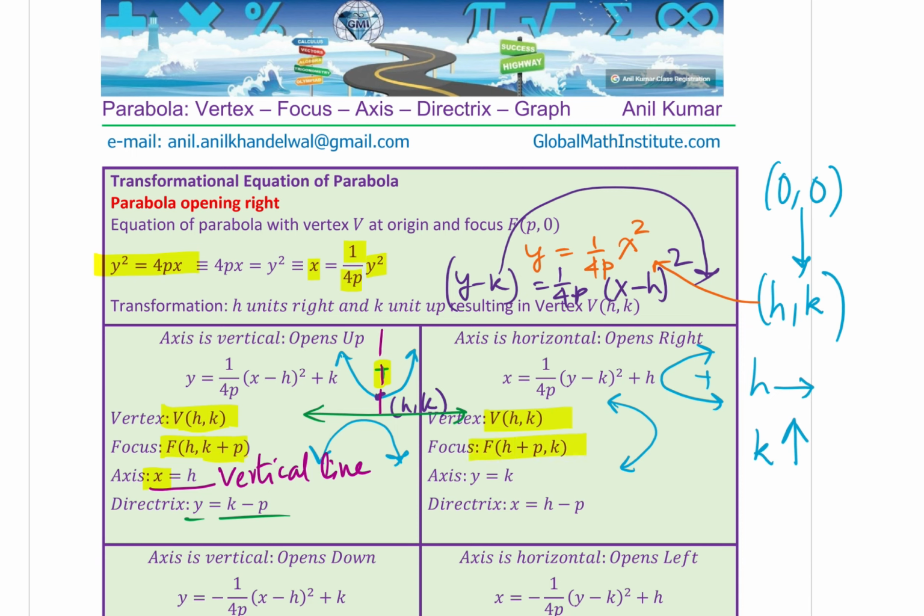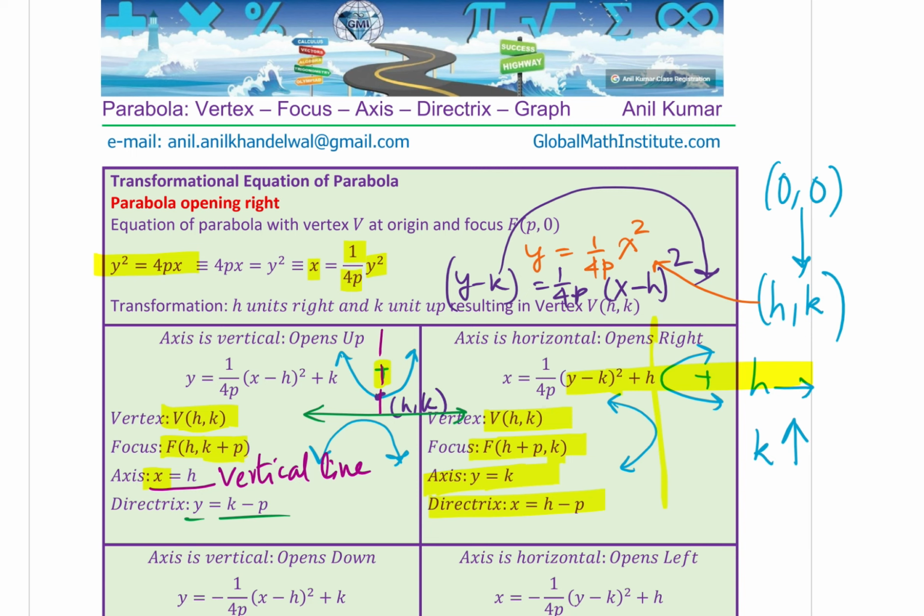Since it opens towards the right, focus moves further right, and therefore the focus will be (h plus p, k), y value remaining the same. The axis is horizontal, and therefore the horizontal line y equals k is the axis. The directrix will, however, be vertical. So for a vertical directrix, it will be x equals h minus p, since it is on the left side of the vertex. Clear?